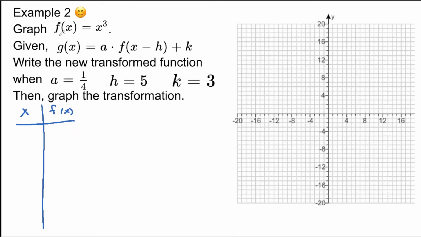In this case, we have x to the power of 3. So we have -2, -1, 0, 1, and 2. Who can give me the value for -2 for my f of x? Notice that it's to the power of 3.